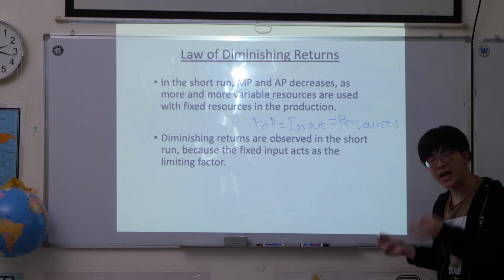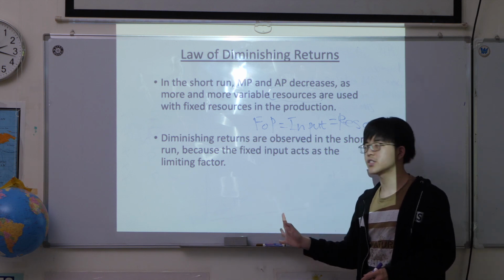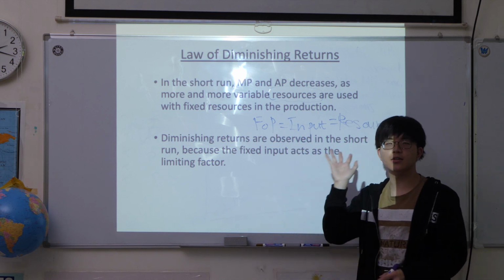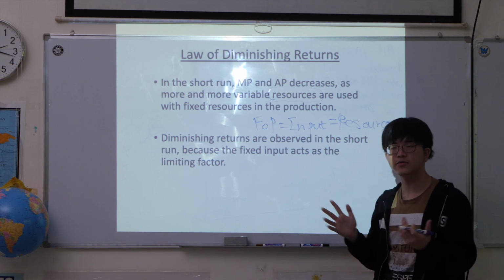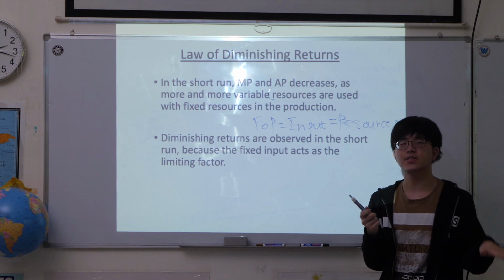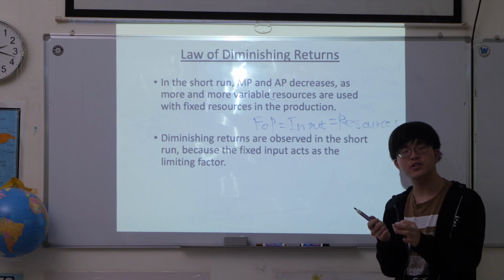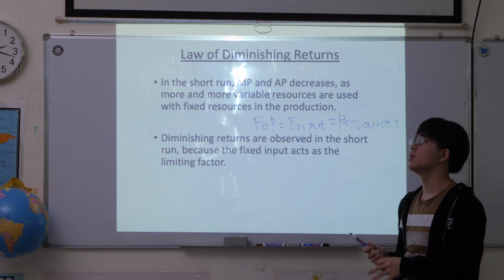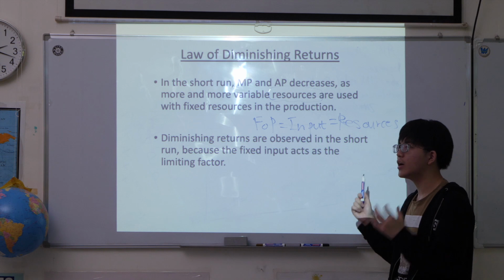The reason is that the fixed input only exists in the short run. When our economy is in the long run, there is no fixed input. Every resource can change, and that is the definition of the long run. And therefore, the law of diminishing returns is not observed if we are in the long run.